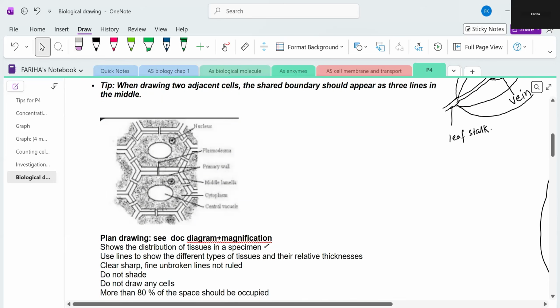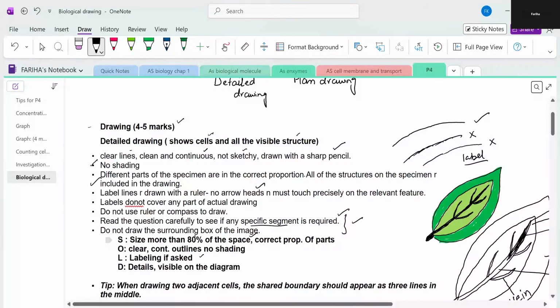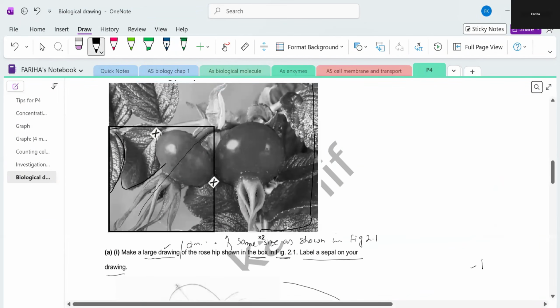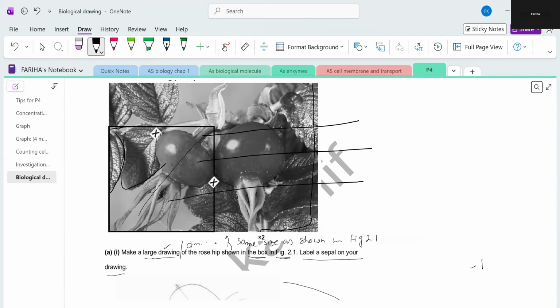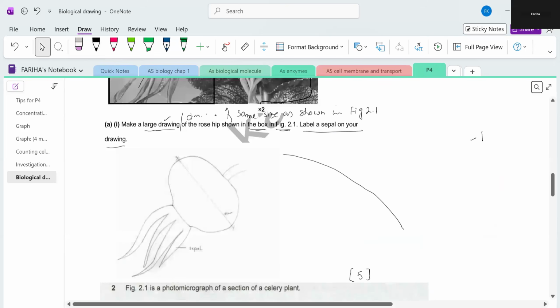What are the rules of our diagram? Size more than 80% of the space occupied and correct proportion of the parts. What are the parts of this diagram? The parts are this fruit stalk, this fruit, and this leafy structure. So how do you need to draw it?